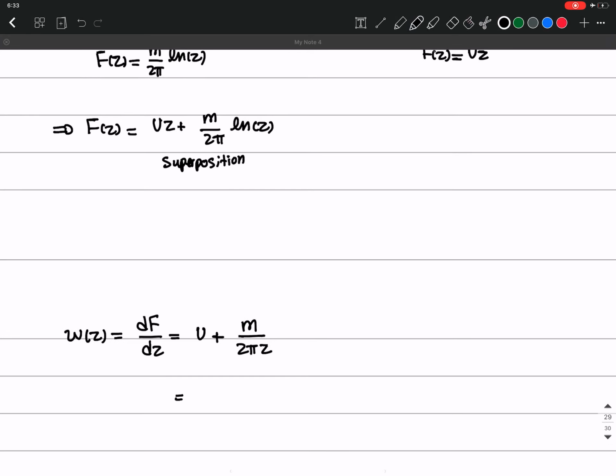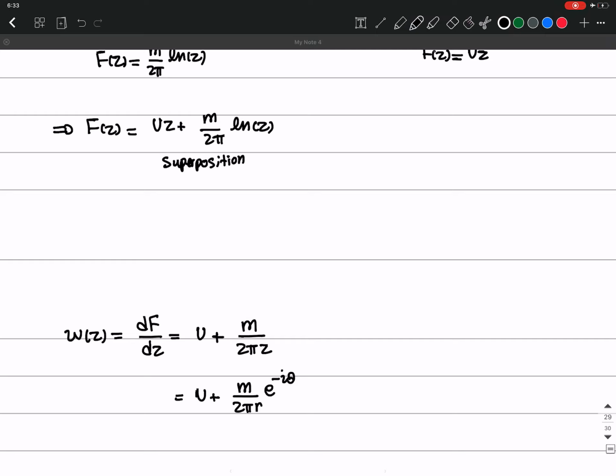This equals u plus m over 2 pi. Instead of z, I can just write it as r e to the i theta, and then I bring it to the numerator, so it's going to be e to the minus i theta.